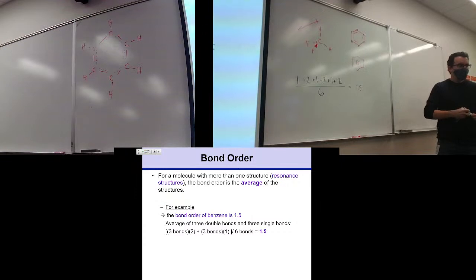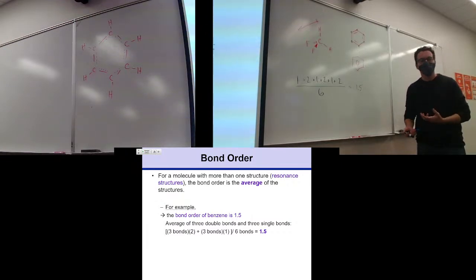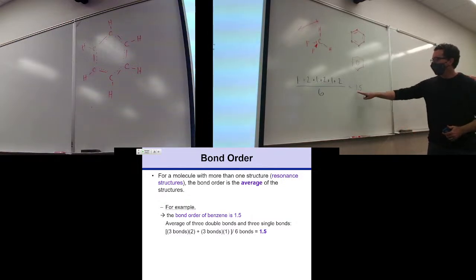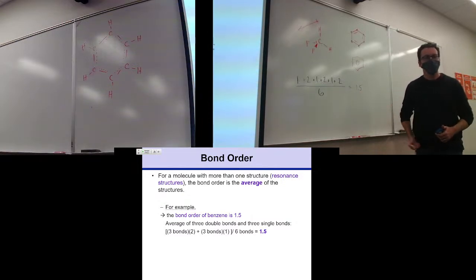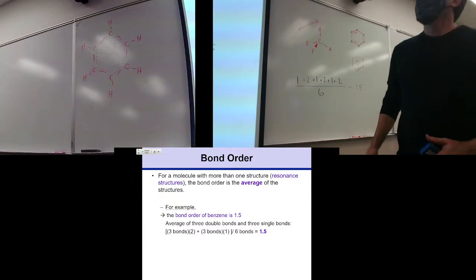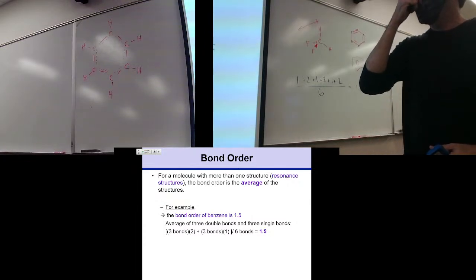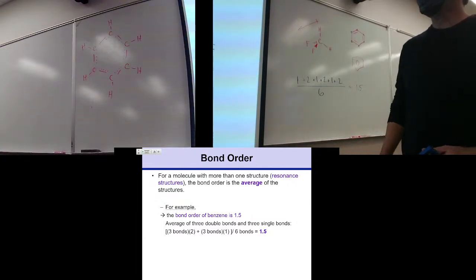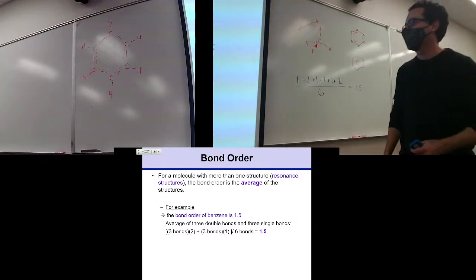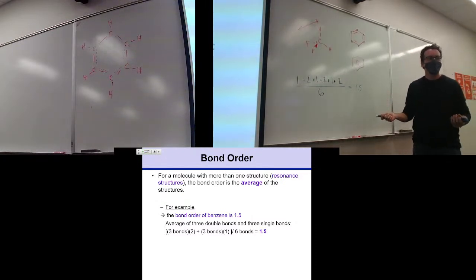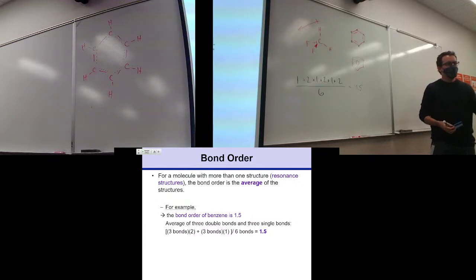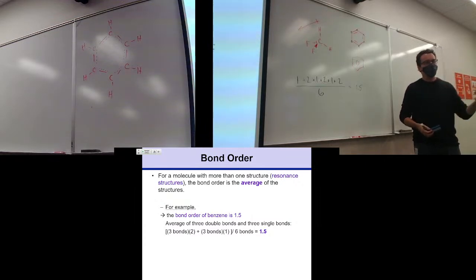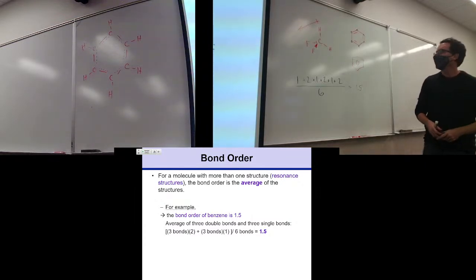And this is why we, like I said, have this concept of bond order. We don't just say single bond, double bond. We have to include bond order because there are fractional bond orders. So the actual bond order between all the carbons is 1.5. Now what's the advantage of that? Well, a single bond is weaker than a double bond, right? It takes less energy to break a single bond.